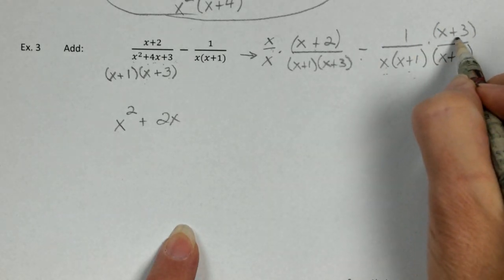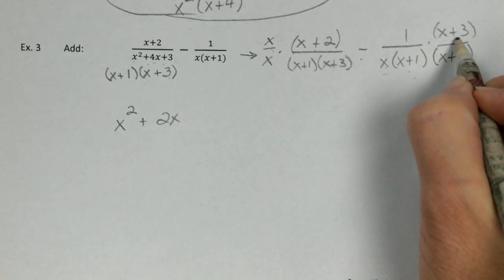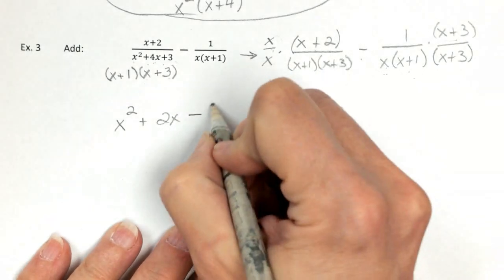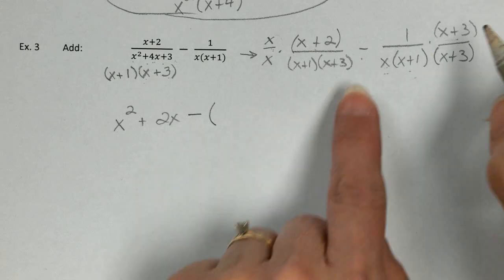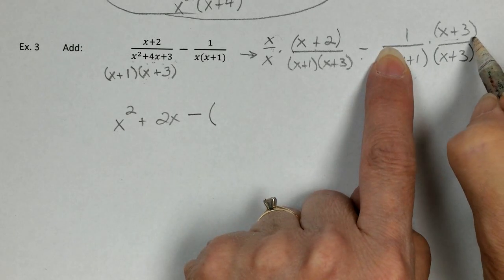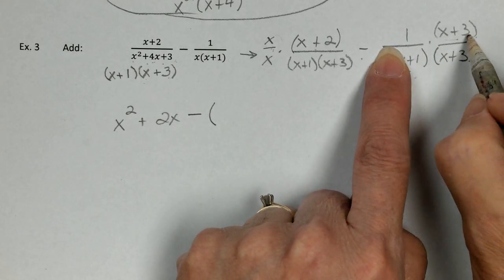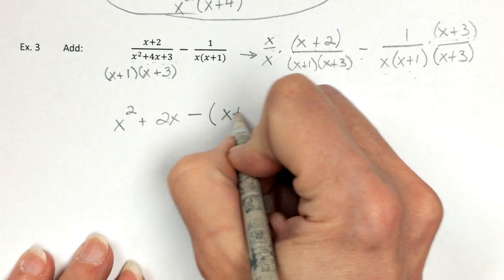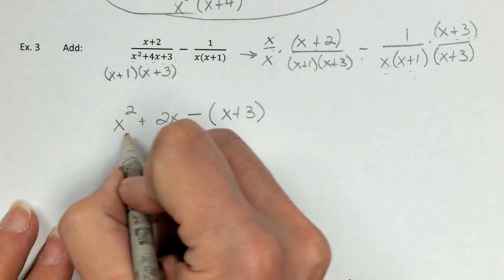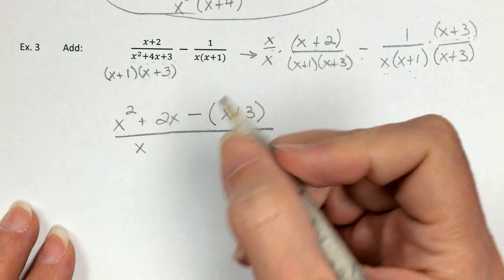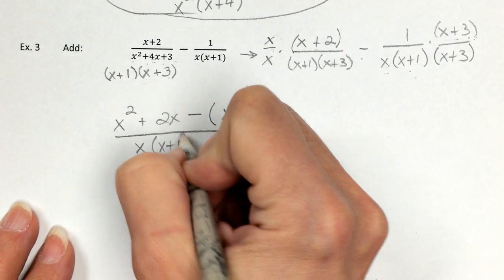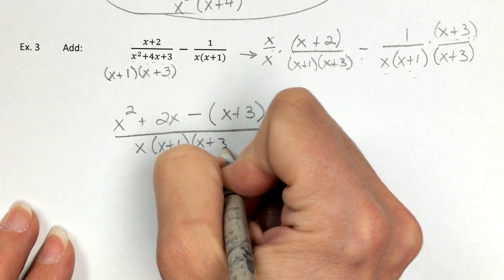Everything in this next numerator is getting subtracted. So for now I'm just going to write it in parentheses. So there's my minus. Now this whole numerator will be in parentheses. It's just x plus 3 because 1 multiplied times that. That whole numerator now is over x times x plus 1 times x plus 3.